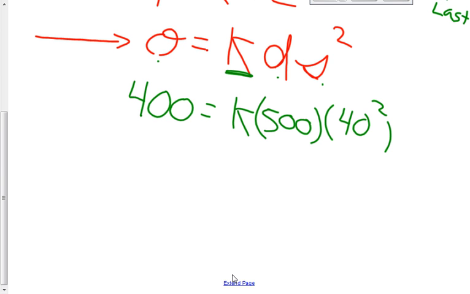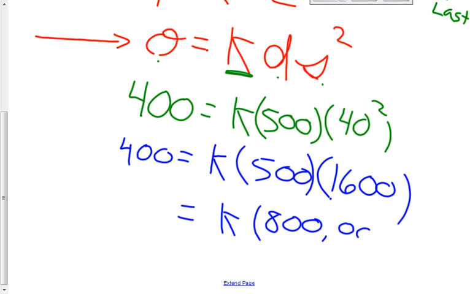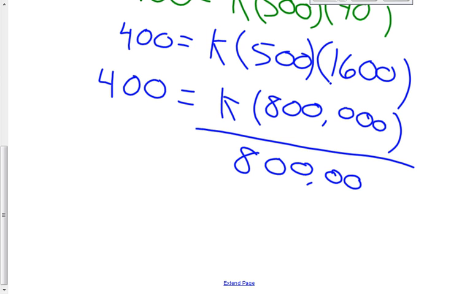So that would give us 1600 multiplied by 500 multiplied by K equals 400. So if we multiply 500 times 1600, we get K times 800,000. That equals 400. All right, let's find our constant of variation K by dividing both sides by 800,000.